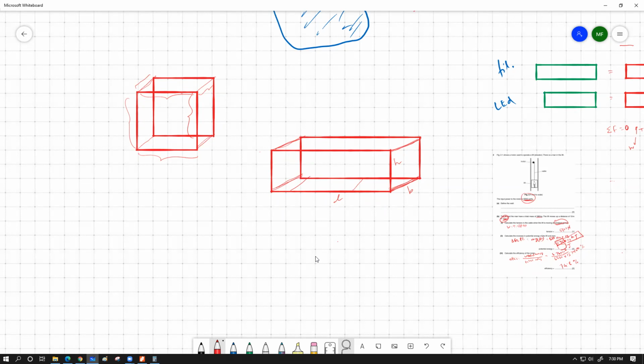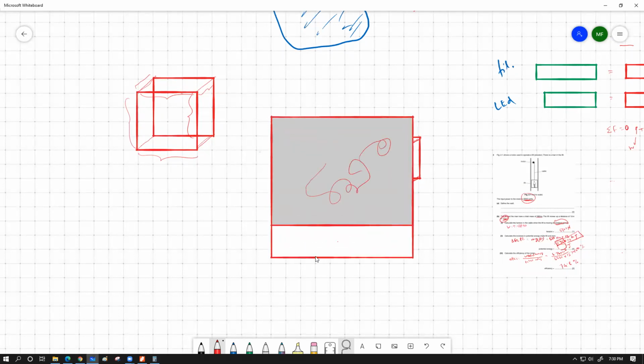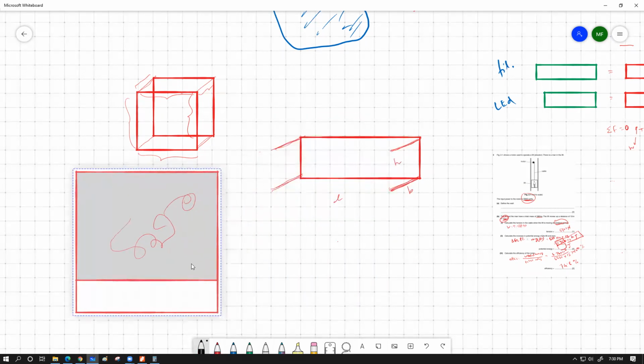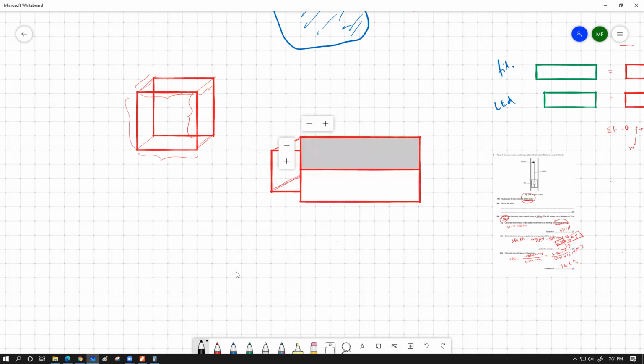Sorry, these are not lengths. We can measure the length on this side. We can also measure the length on this side, and through this side, and from this side.